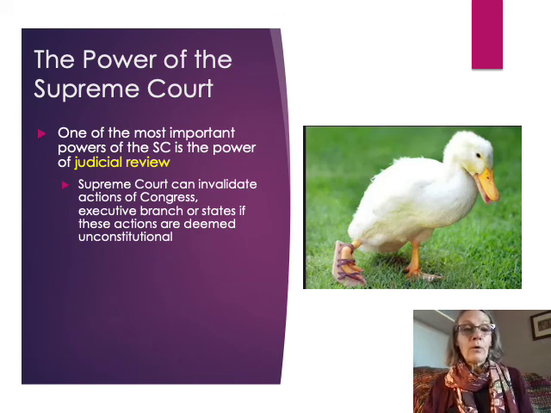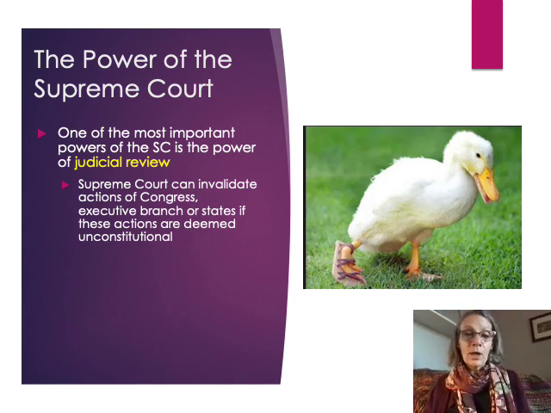That's what the power of judicial review is, and it's one of the most important powers that the Supreme Court has. Basically, judicial review gives the Supreme Court the power to nullify state laws and federal laws and local laws as well that it deems to be unconstitutional.